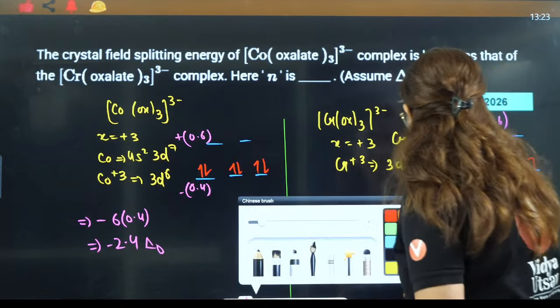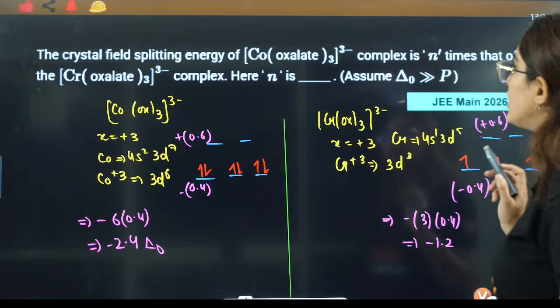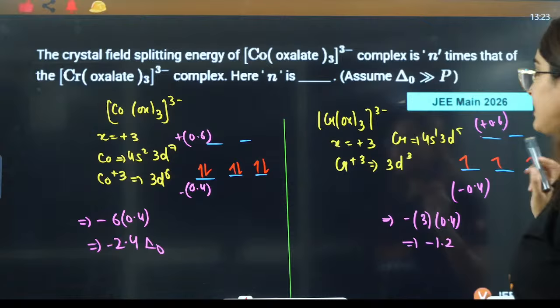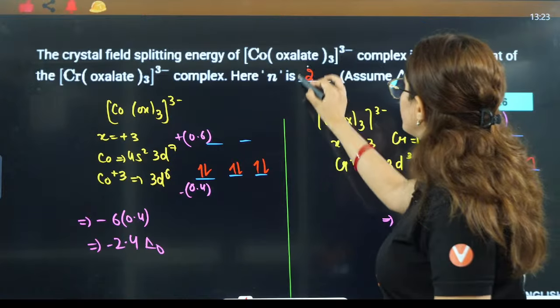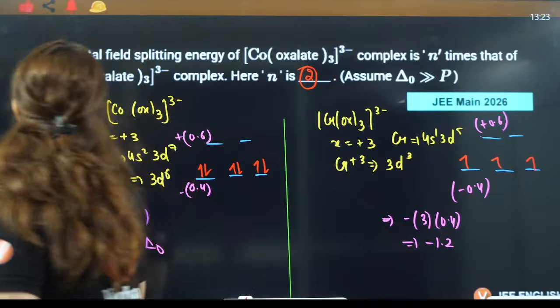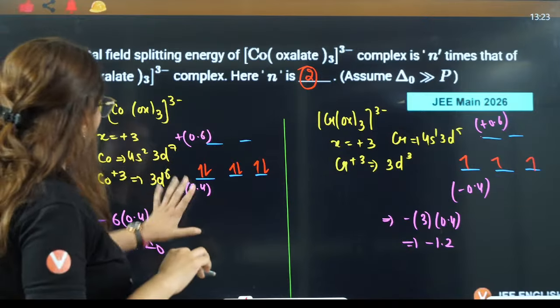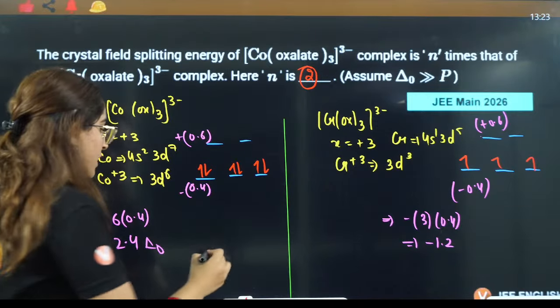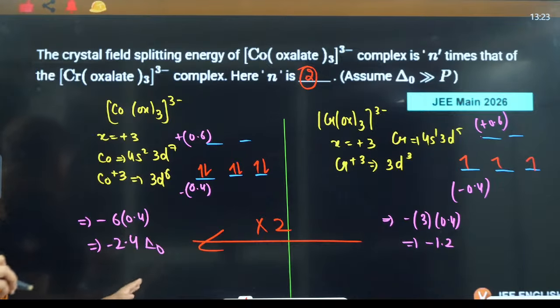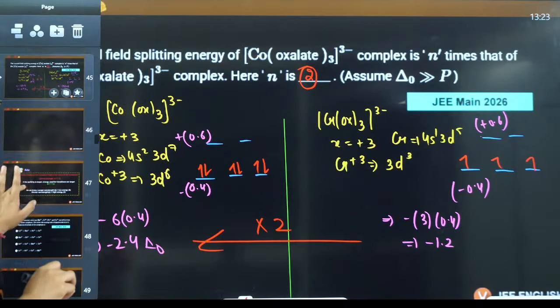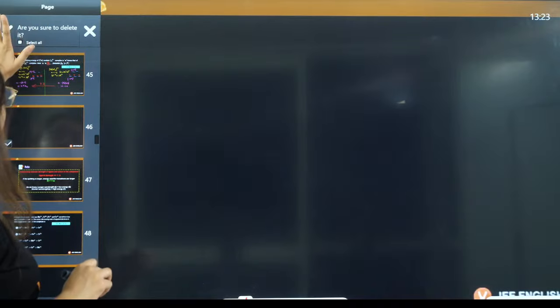They are saying you have to find the value n times. So this is 2 times, so n is going to be 2. This part is 2 times this part, so you have to multiply by 2 to get this. So the correct answer here is 2.